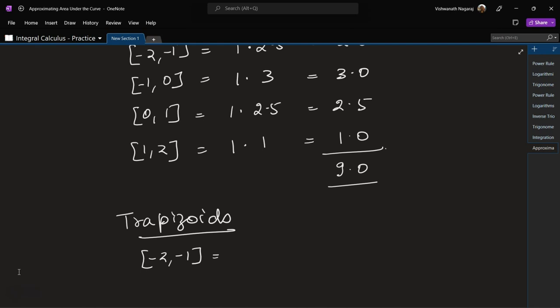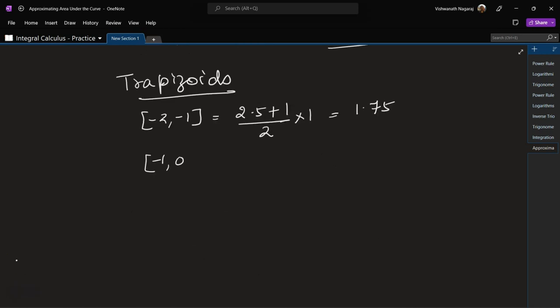That is the distance between these two parallel lines. So that would be 2.5 plus 1 by 2 times 1, which gives us 3.5 by 2, that is 1.75. Then we have minus 1 to 0.